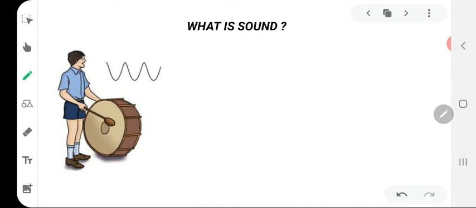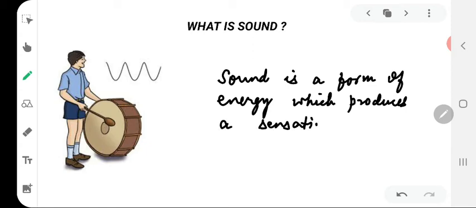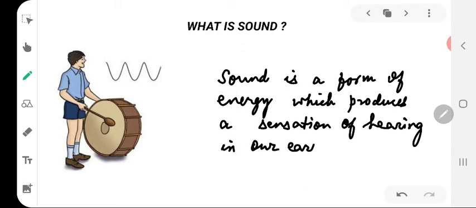So we may say that sound is a form of energy which produces a sensation of hearing in our ears.